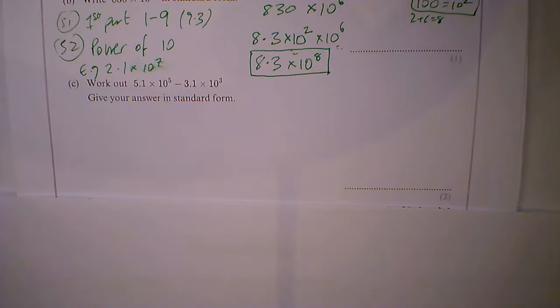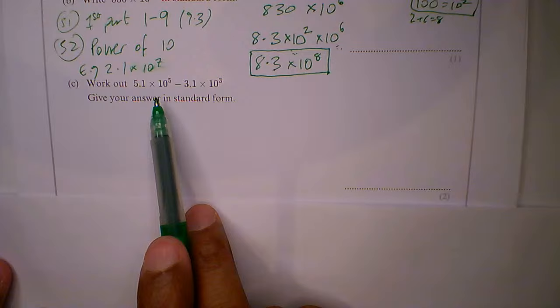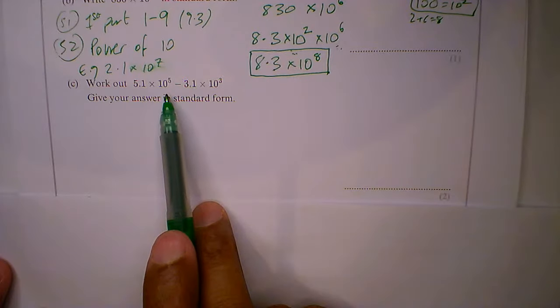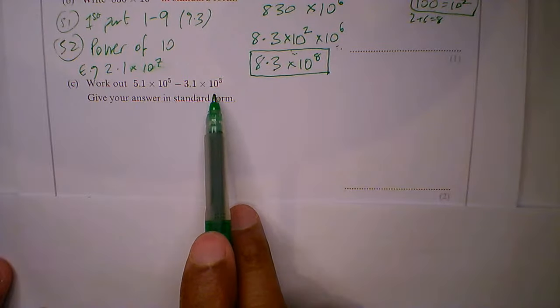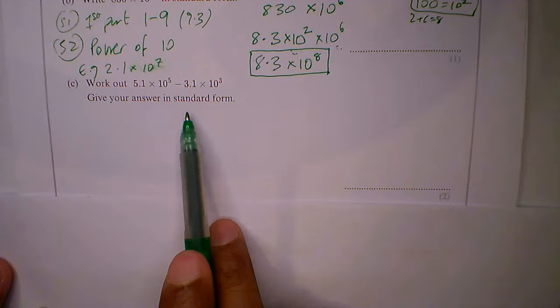Question 2c. Work out 5.1 times 10 to the power 5, take away 3.1 times 10 to the power 3. Give your answer in standard form.